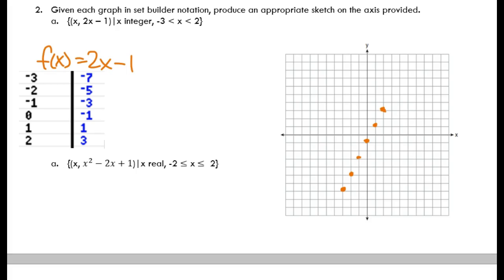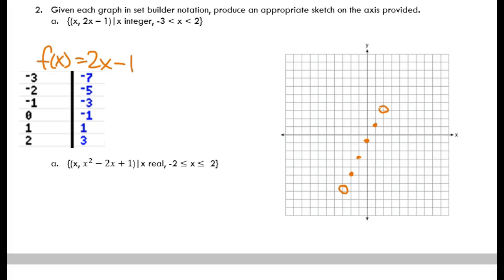Now, the problem is we don't want to actually include -3 and 2. So we can't really put them as dots because they look like all the rest of the things I'm including. So instead, when you don't want to include something on a graph, you leave it an open circle like that. So we're going to do that to either end. You're using pencils, right?